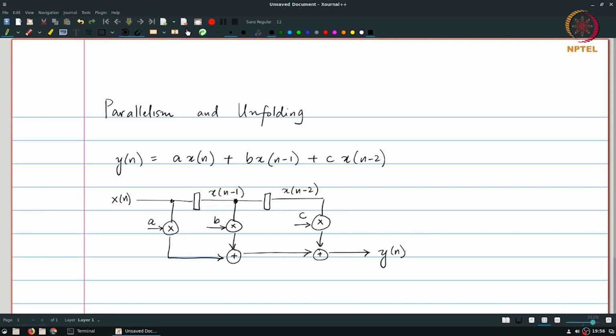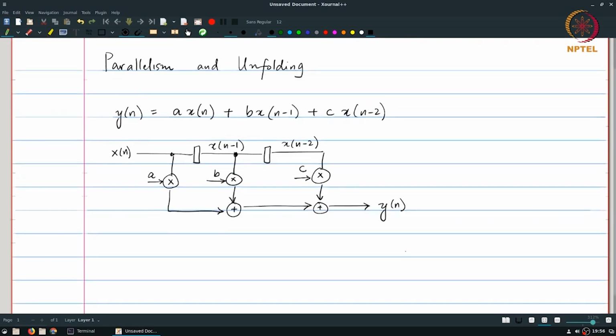In other words, it's quite easy to see that this particular figure implements the equation that we have shown over here. All right, now what is the critical path corresponding to this equation? As we know, that essentially corresponds to a path that looks like this.